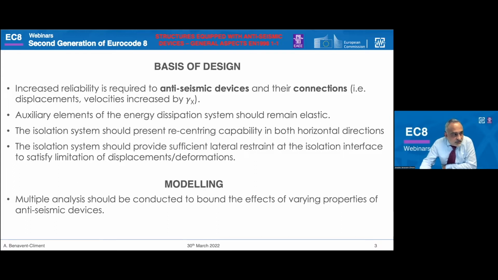In case of base isolated structures, the isolation system must present some recentering capability and provide also sufficient lateral restraint in order to limit the lateral displacements or deformations. As for modeling, since the properties of the anti-seismic devices can vary with a given rate, it is necessary to conduct always multiple analyses in order to bound the effects of these variations.